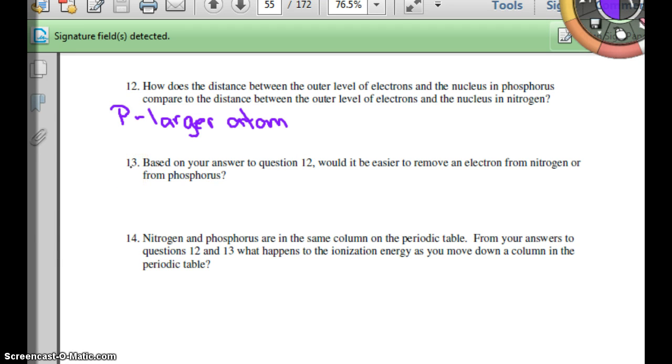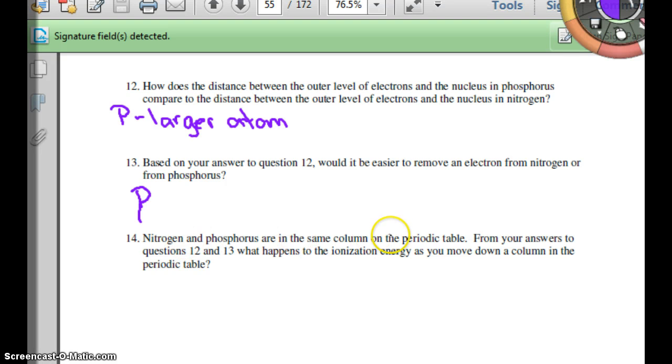So number 13, based on your answer to question 12, would it be easier to remove an electron from nitrogen or from phosphorus? Well, hopefully you understand that it's going to be easier to remove it from phosphorus. Why? Because the electron is further away from the atom. It's way out there. So it's easier to take it from phosphorus because it's a larger atom than nitrogen.